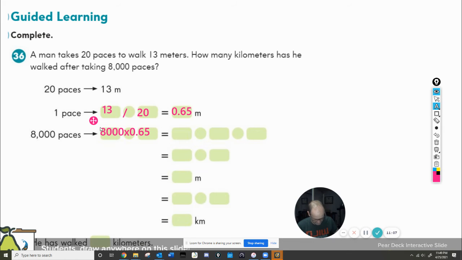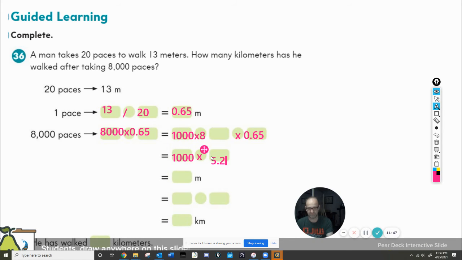I don't like the way they're doing this. So what they're trying to tell you here is to do 1,000 times 8, but they don't tell you that they want that. And they want you to do the 8 times 65 hundredths separately, which is, again, I don't know why they're setting it up this way and they don't really explain what they want.